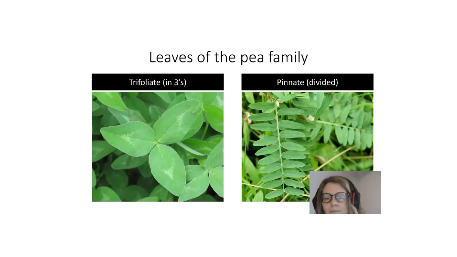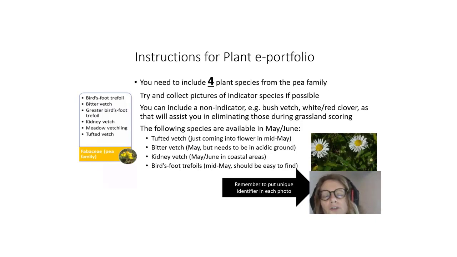So your instructions for the pea family part of the ePlant portfolio, I'm asking you to collect records, photographs of 4 plants from the pea family. If possible, try and get something like bird's foot trefoil.